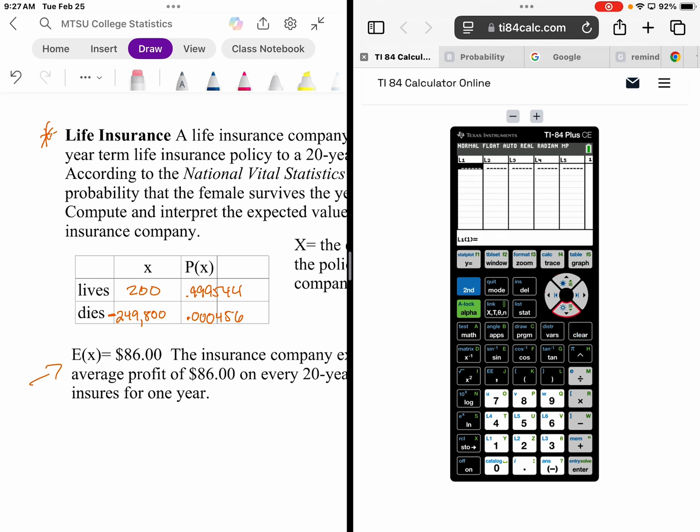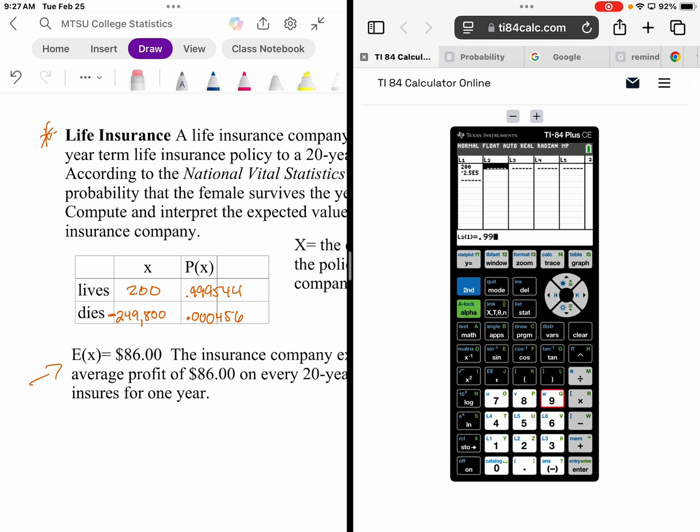All right, so it was $200, and then it was a negative 249,800. Enter.